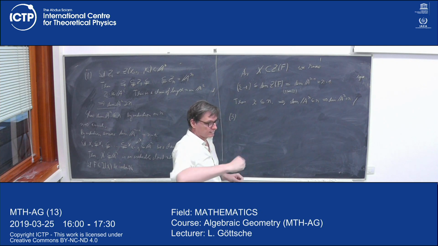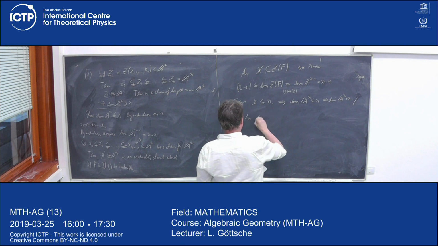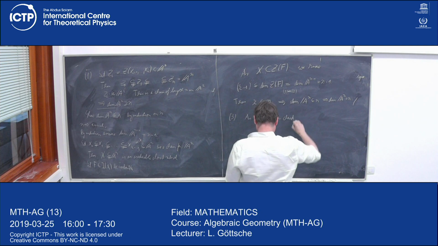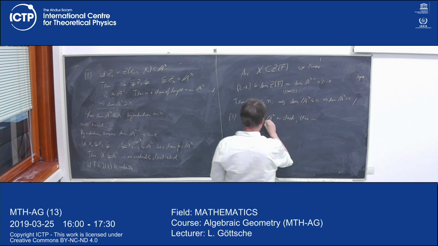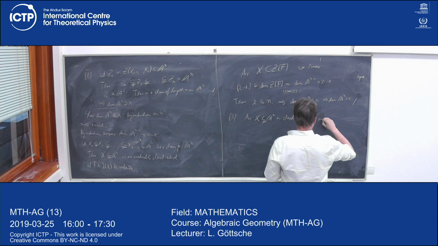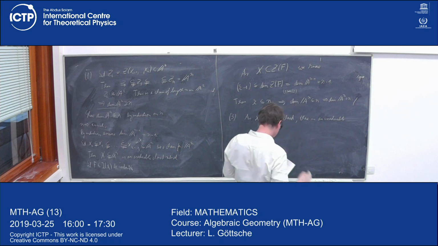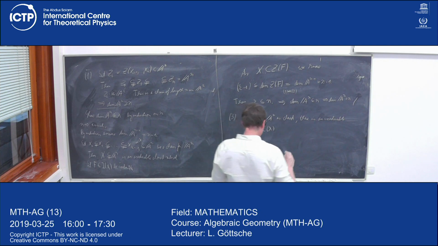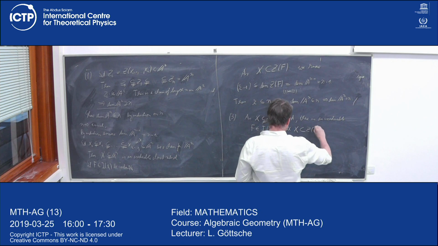If you take X closed in A^n, there is an irreducible polynomial f in the ideal of X, with X contained in the zero set of f.